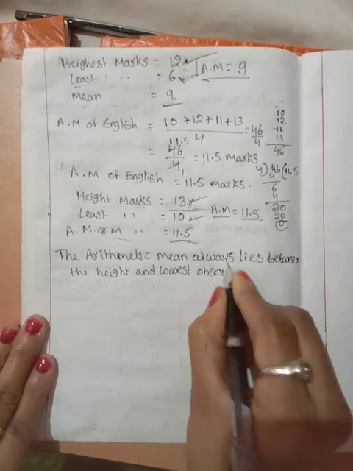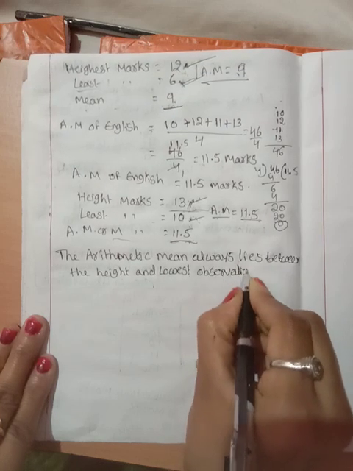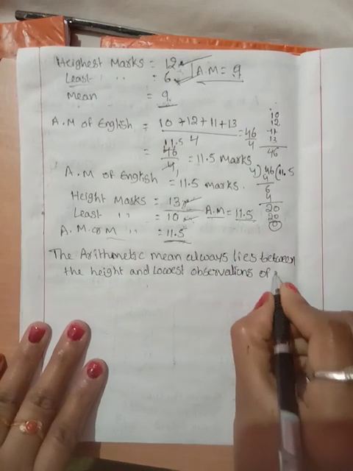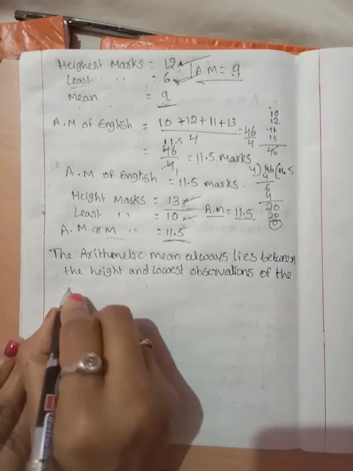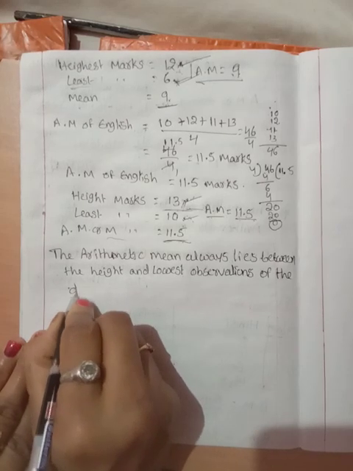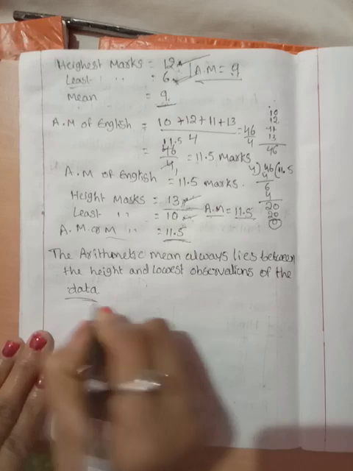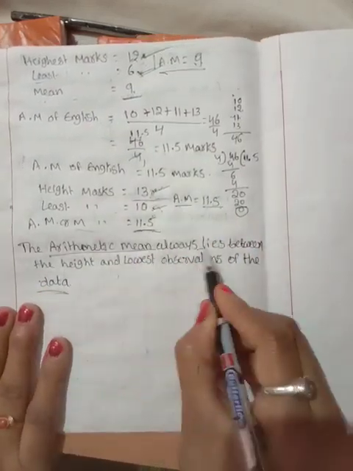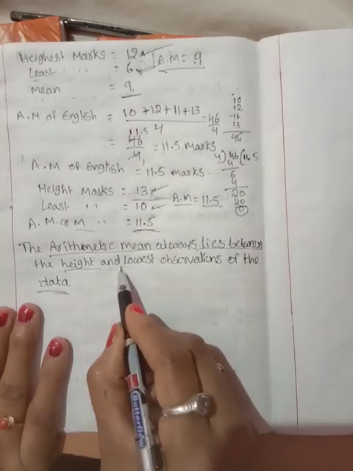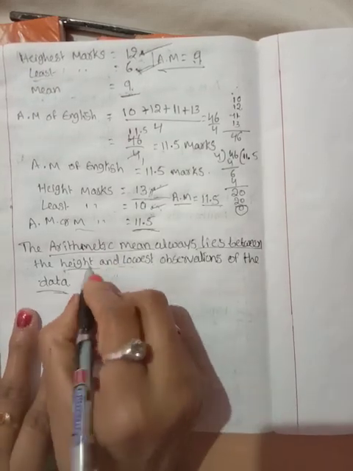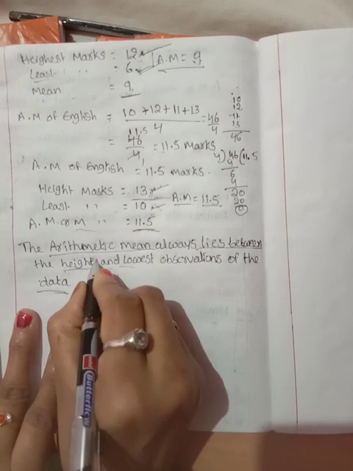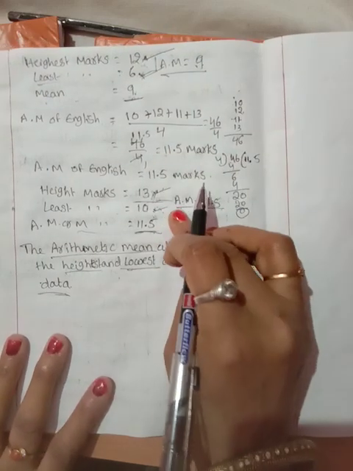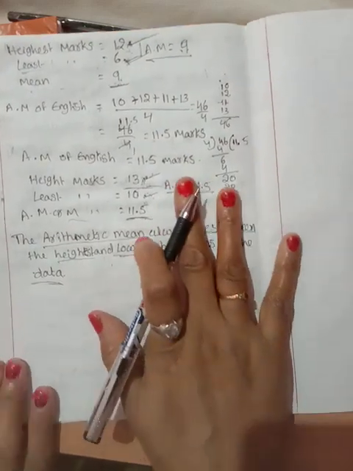Observations here means the marks, since the above examples are marks only. With other examples there would be other observations, so the particular observation is not mentioned. This is the definition: arithmetic mean always lies between the highest and lowest, compulsorily between them. You understood through examples? Yes.